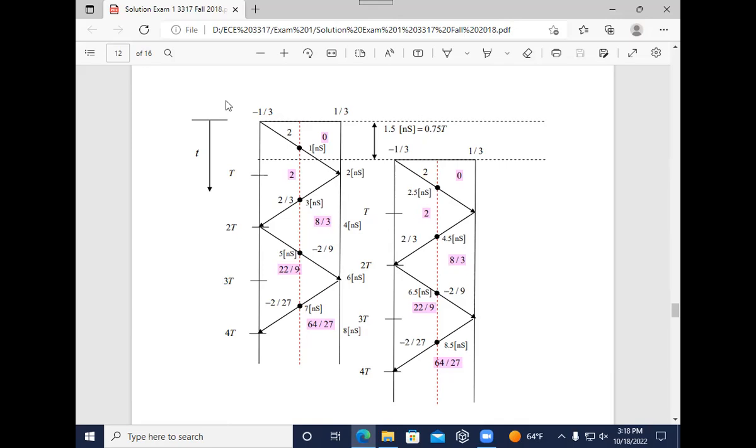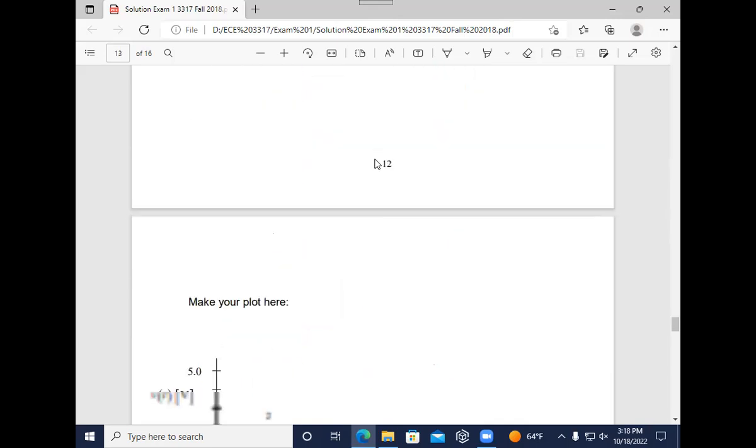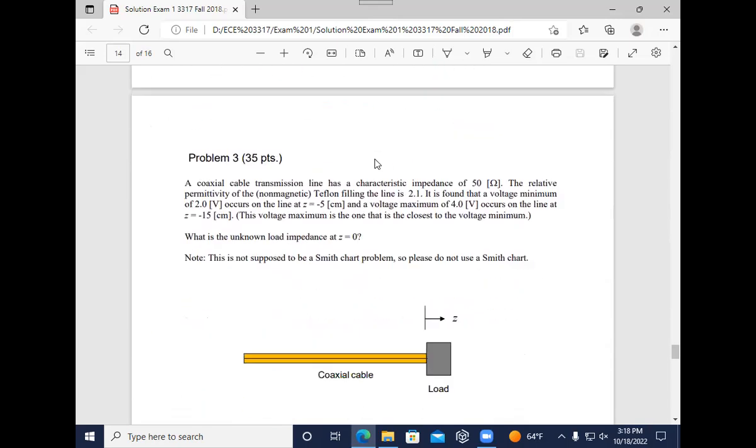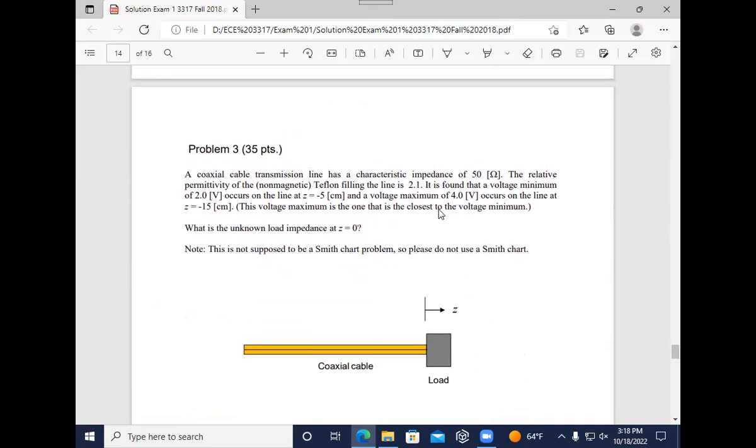Could you go through problem 3 on fall 2018? Okay, sure. This is fall 2018, so this one, right? Okay. Well, this is the exact same thing as Blast from the Past 5. That's what we did in class, right?